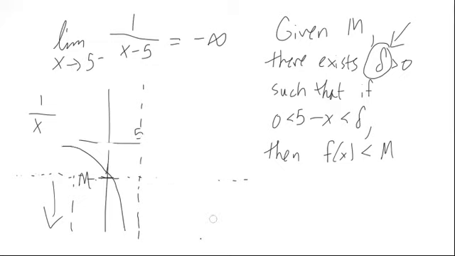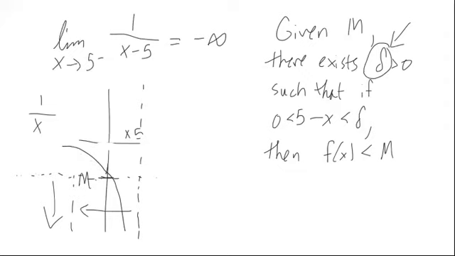So really the box is half of a box in some sense. We're not going from the center symmetrically, just from x equals 5 to the left. Now, if delta went all the way out here, that would be an issue because the function is outside of the box right here.